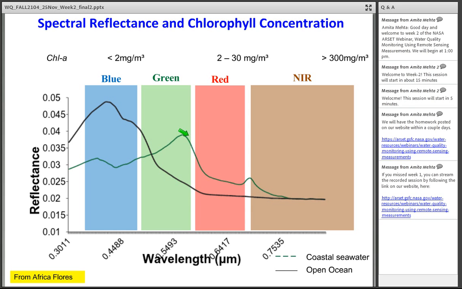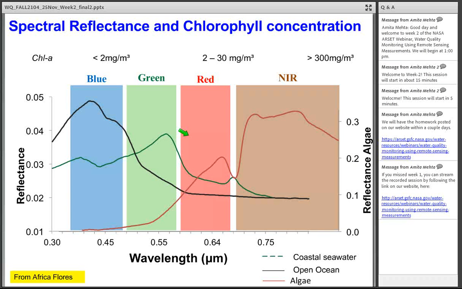And if we go further, when chlorophyll concentration increases, then the signal is in red and near infrared. So by observing reflectances from satellites in different bands, one can come up with qualitative information about where the chlorophyll concentration may be in a particular water body.